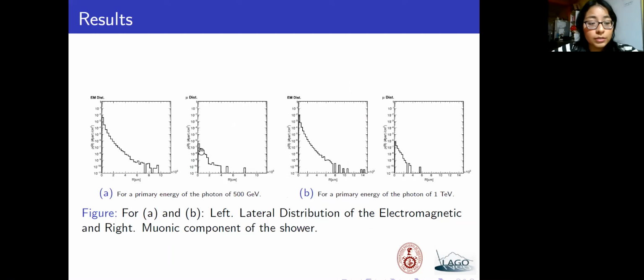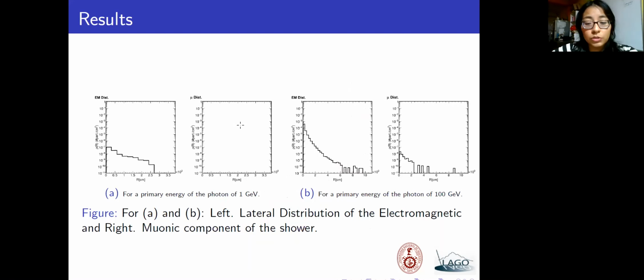In the next graph, lateral distributions of secondary particles are presented versus the radial distance with respect to the axis of the shower, for two energies that are 1 giga-electron volt and 100 giga-electron volts.